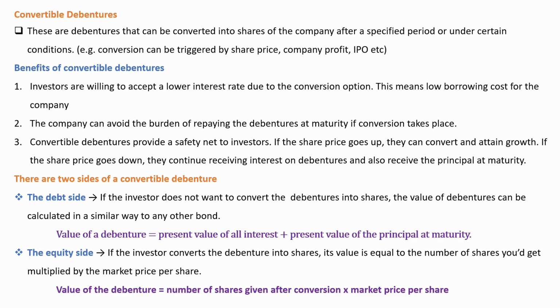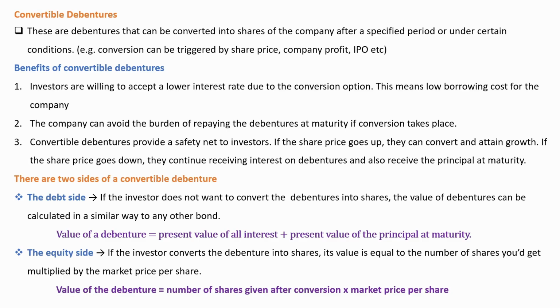So why do companies issue convertible debentures? These debentures have benefits to both the investor and the company. So let us look at 3 benefits of convertible debentures. The first one, investors are willing to accept a lower interest rate due to the conversion option. This means low borrowing cost for the company.